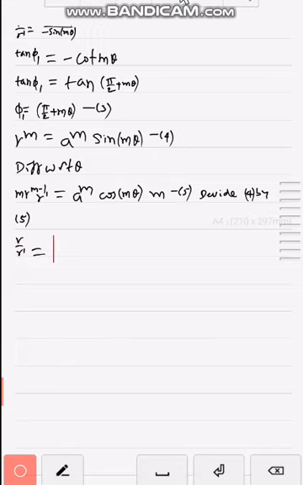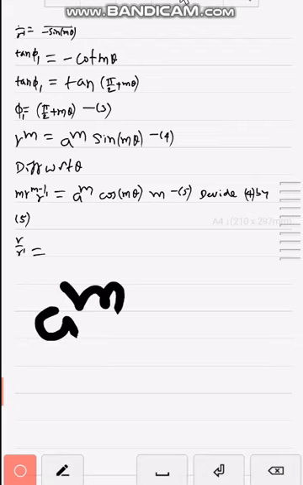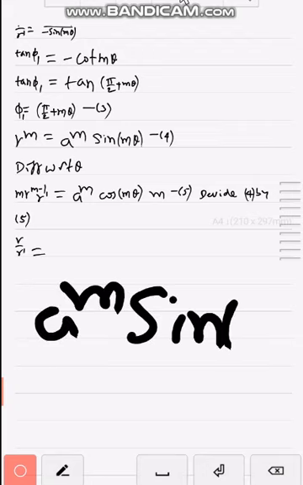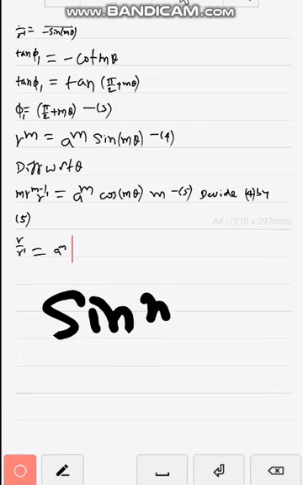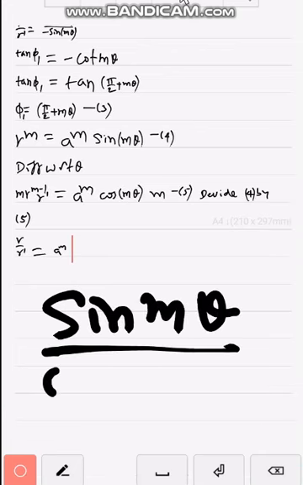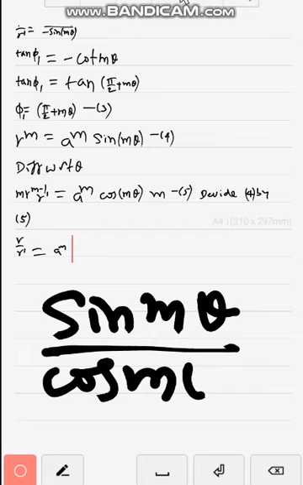And this is equal to, on RHS, a power m into sin m theta divided by a power m into cos m theta.